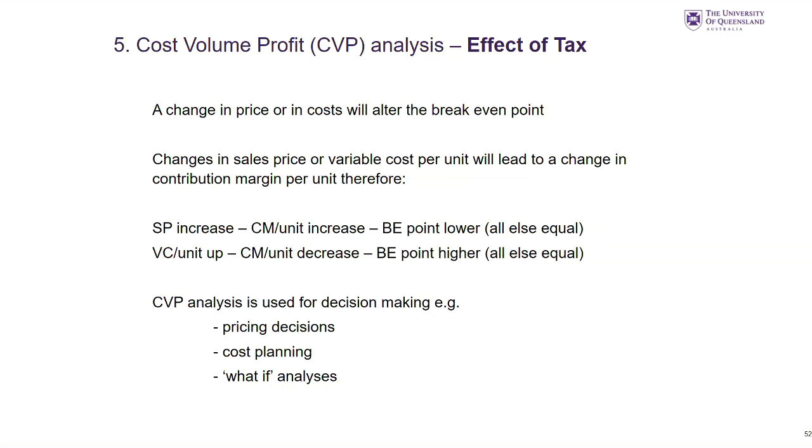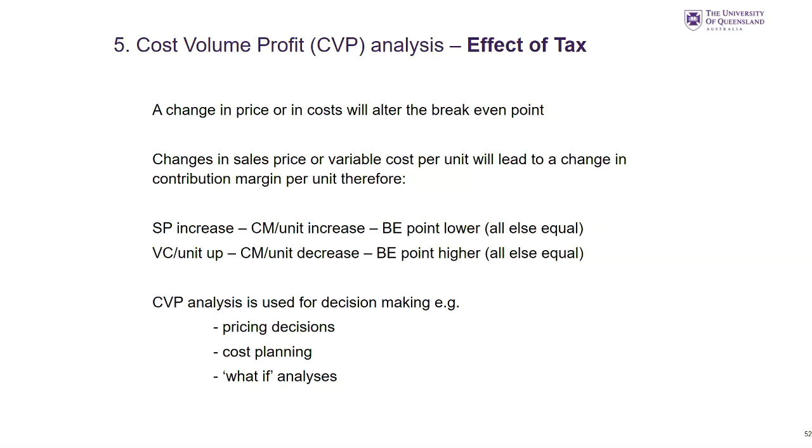Knowing the cost-volume-profit equation and how to calculate break-even point, you should be able to understand in your head the effect of different changes in the inputs. If we have a sales price increase, with everything else remaining constant, our contribution margin per unit will increase, which means the denominator of our break-even point equation will get bigger, so our break-even point will be lower, which makes sense.